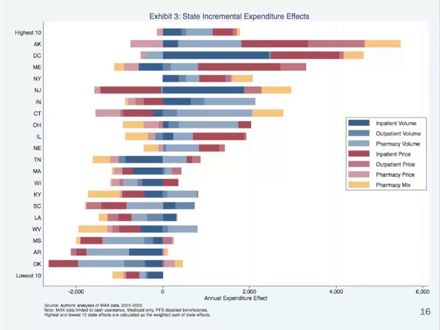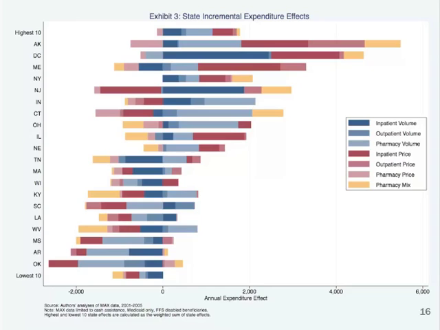Maine, again, is another expensive place to have hospitals, with a high inpatient price there with the big red bar. And then drop a couple down to New Jersey. Huge inpatient volume in New Jersey, probably pretty similar to DC. It doesn't quite have the price effect DC does.